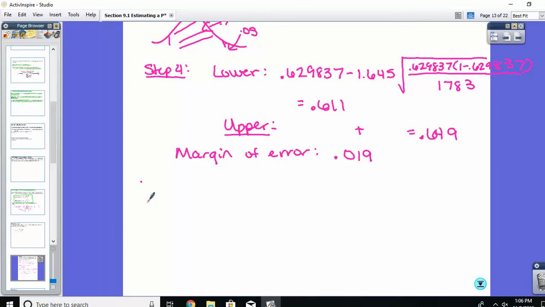So if I did a lot of samples, then 90% of the samples would contain the true value for my population. So we could say 90% of all samples. That was what the alpha was in the original problem. It said construct a 90% confidence interval, which is how we decided our alpha.